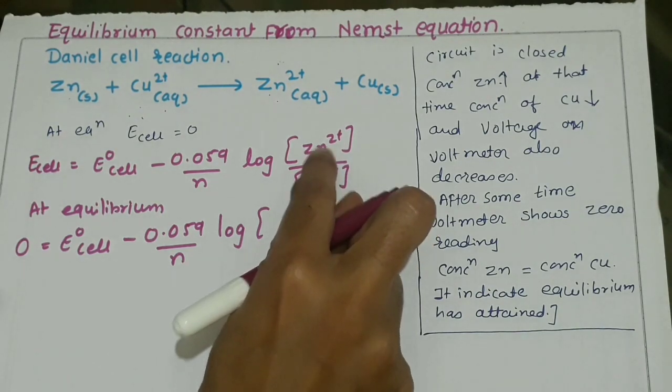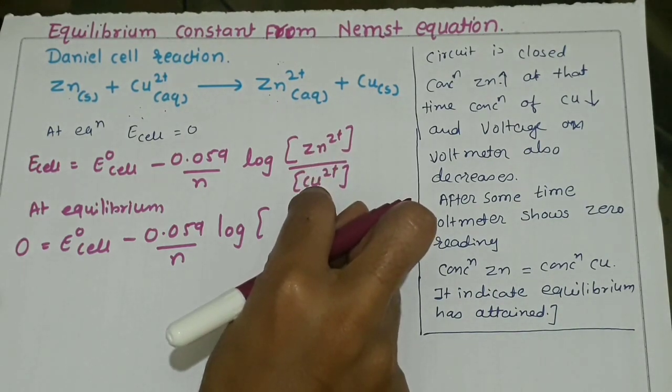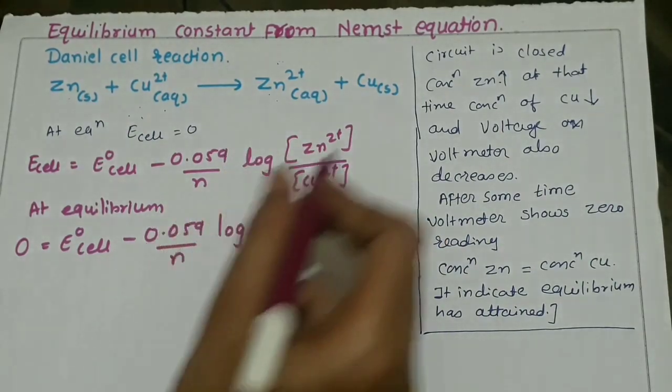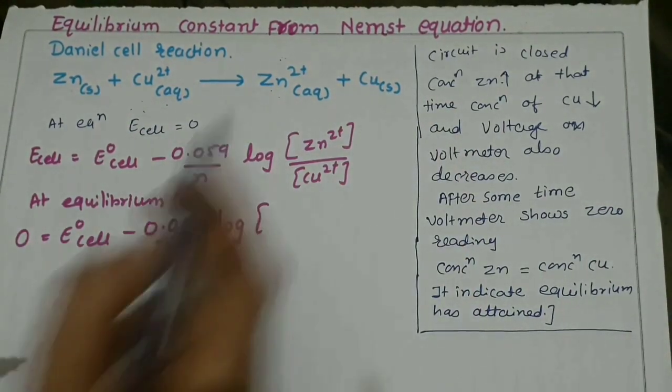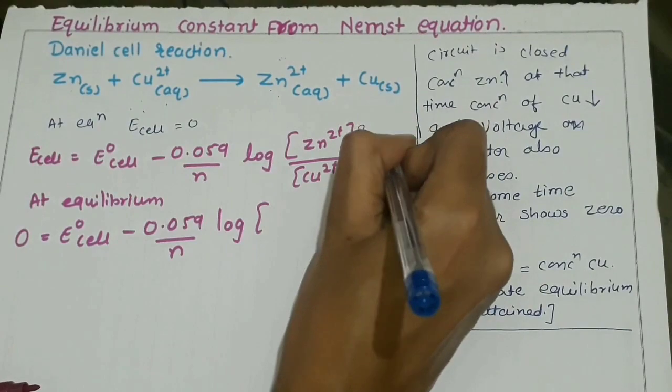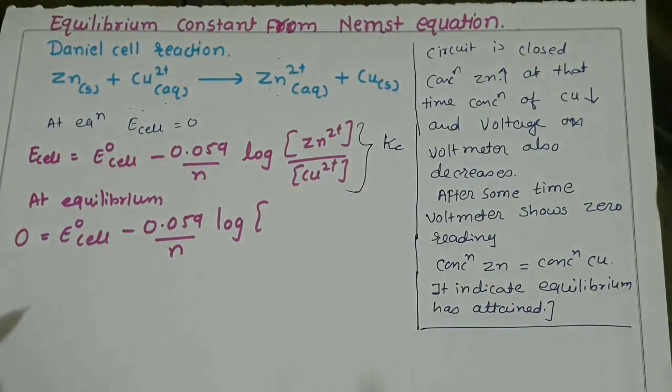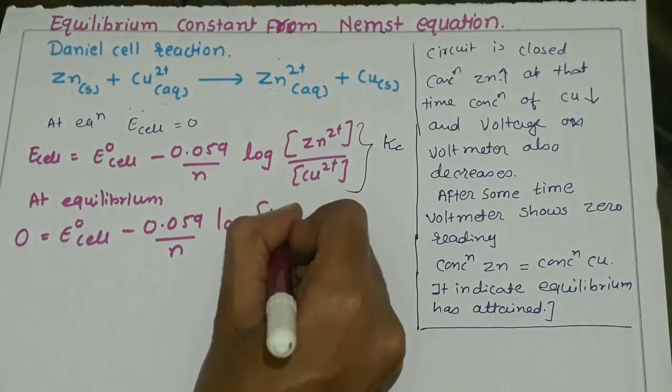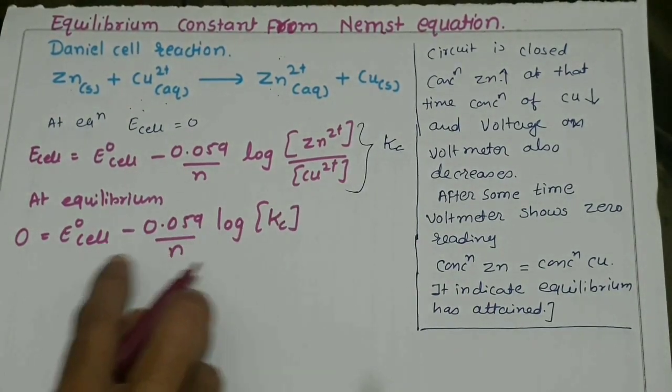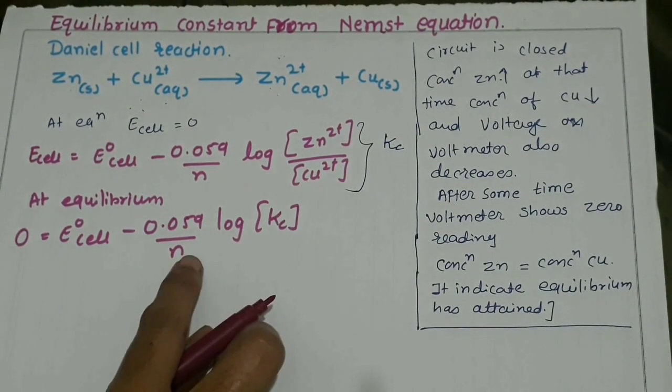That means product concentration upon reactant concentration. At equilibrium the value of product concentration upon reactant concentration is equal to Kc, so instead of this I will write Kc. Now at equilibrium our Nernst equation becomes like this.